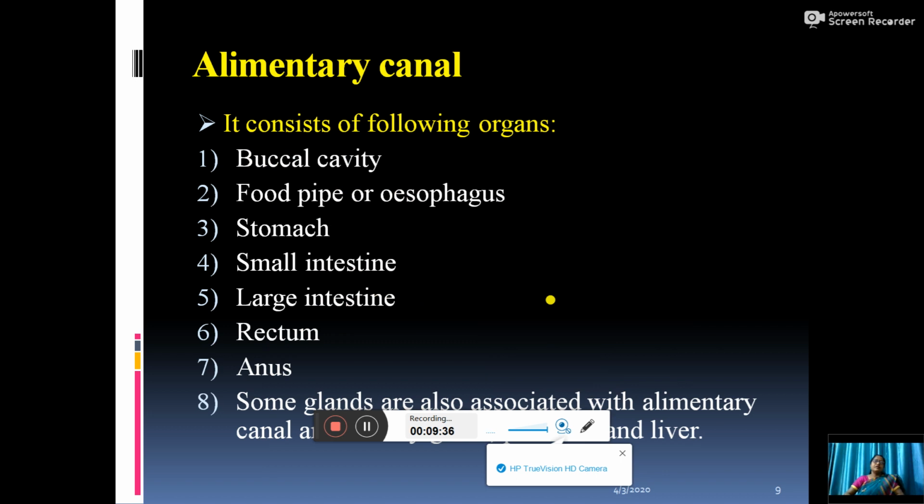One by one, you have to know in detail. So first of all, we will discuss the alimentary canal. What is the alimentary canal?